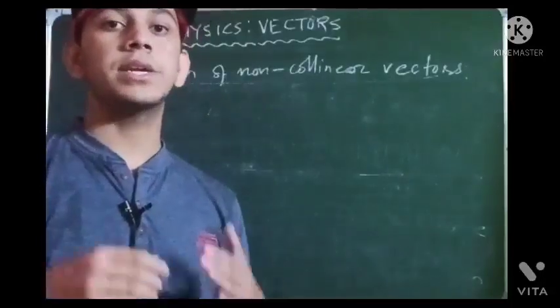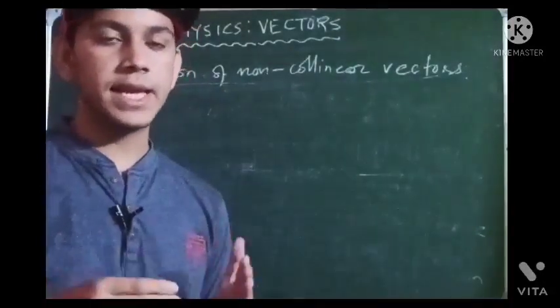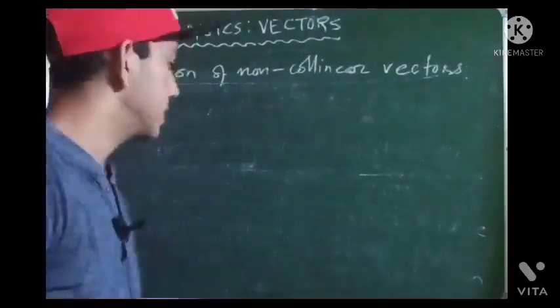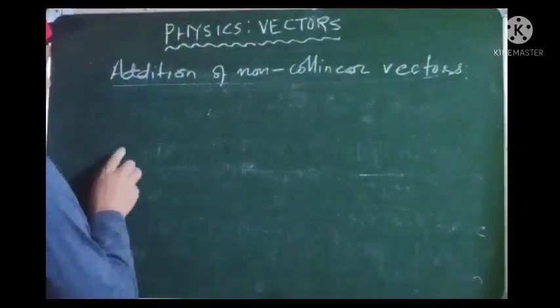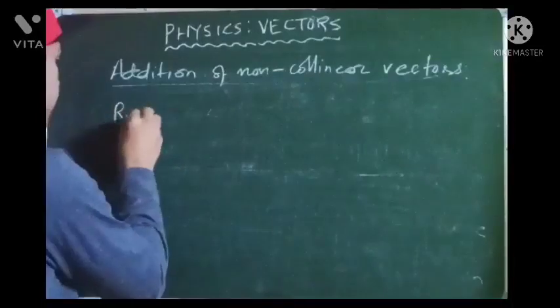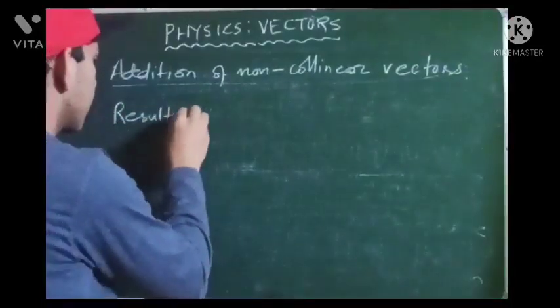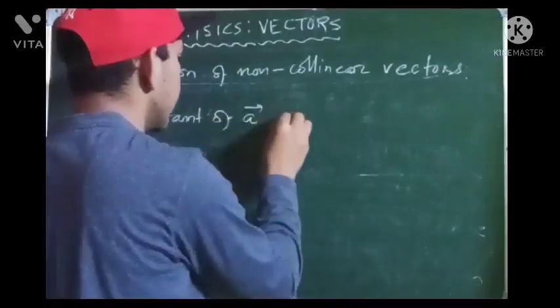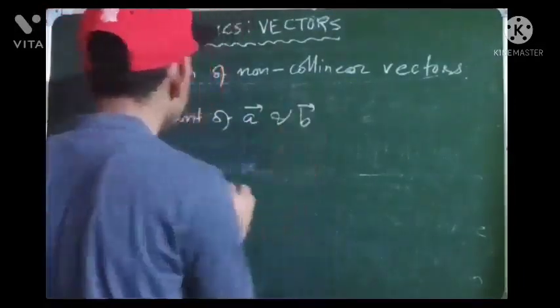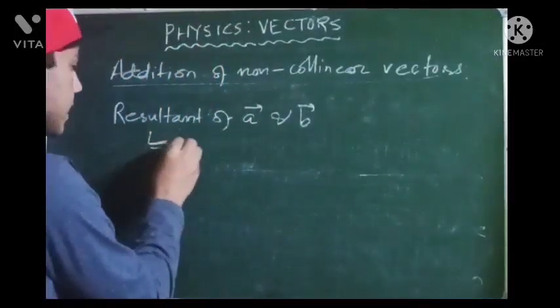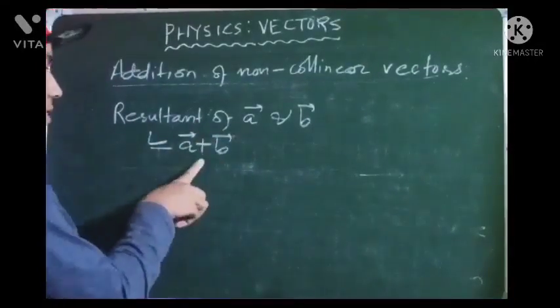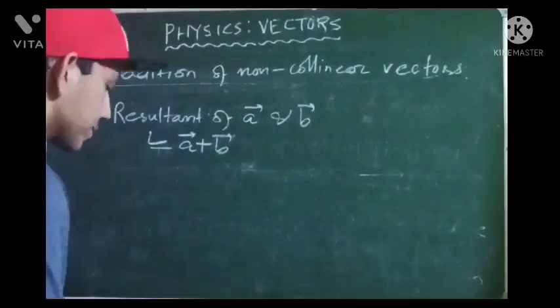Suppose we are asked the resultant of two vectors A vector and B vector, then we are supposed to find the sum of the two vectors. That means, suppose we are asked the resultant of A vector and B vector, then the meaning of this statement is A vector plus B vector. It is never subtraction, it is addition.